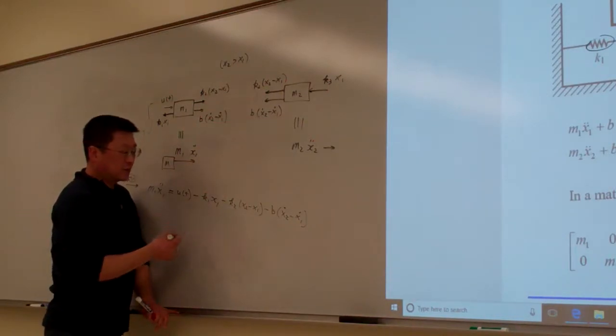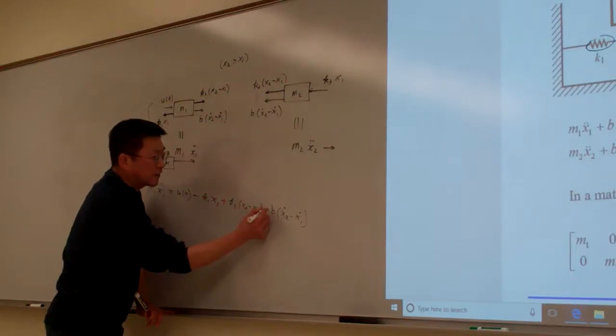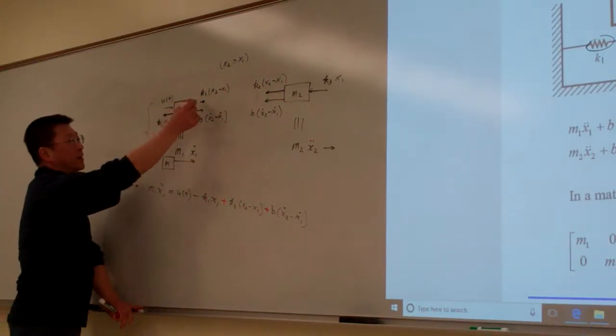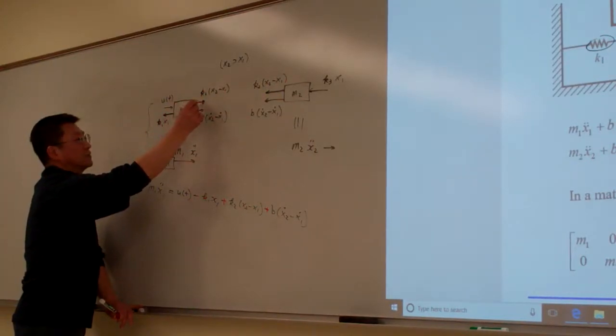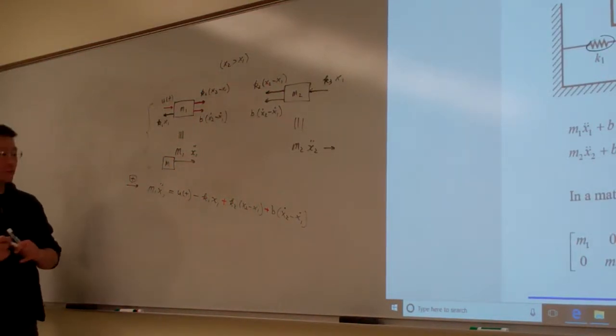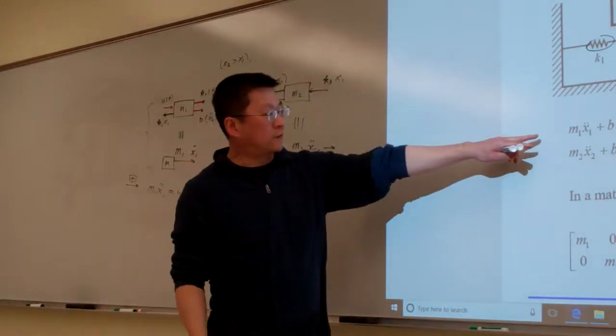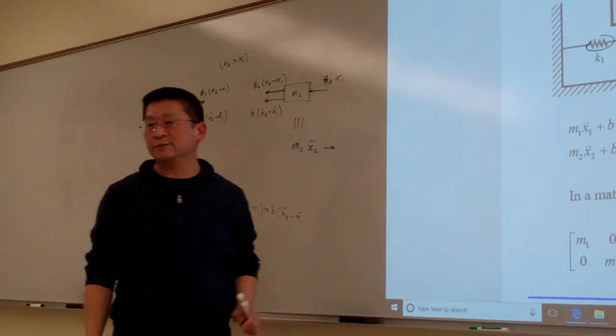I made a mistake. The k3 x2 term must be plus, right? Yes, because they are in that direction, so positive direction. Okay, good. So in this way, after the arrangement, this term will be equal to this term here.